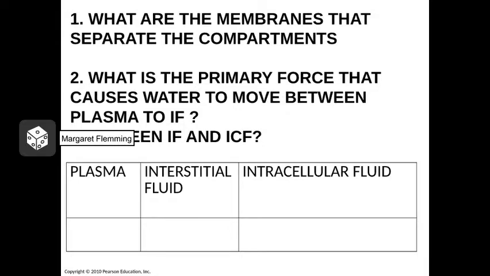Now, before we move on to talking about the different solutes that are found in the fluid within the body, I want to remind you of a couple of things. This is something that I show my A&P 1 class. Remember your different fluid compartments. What is it that separates the blood plasma from interstitial fluid?